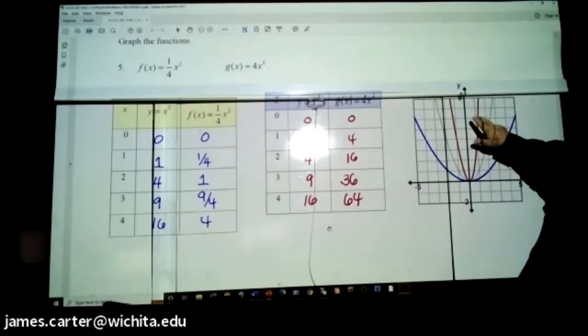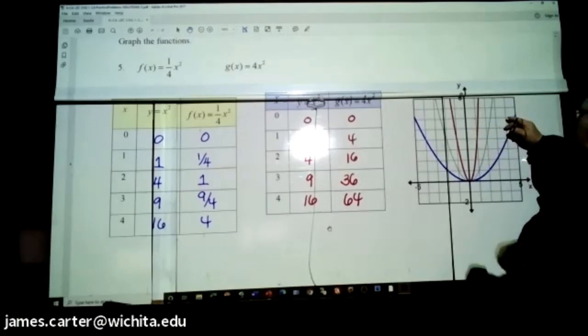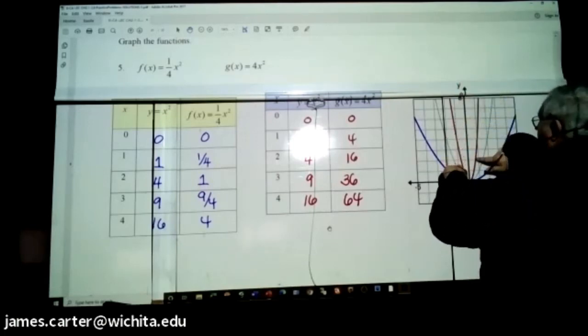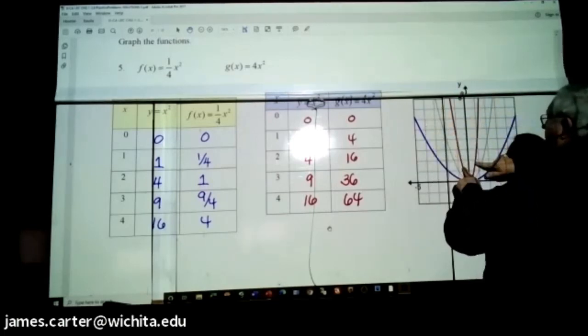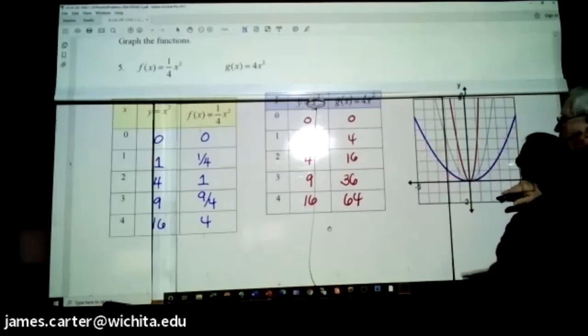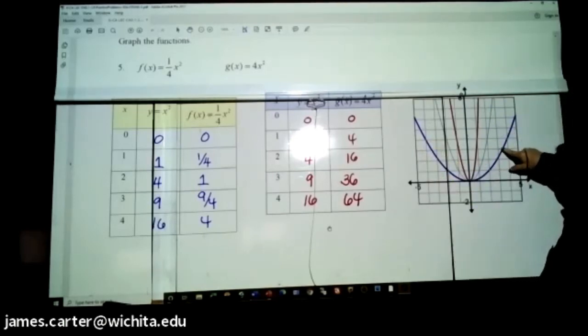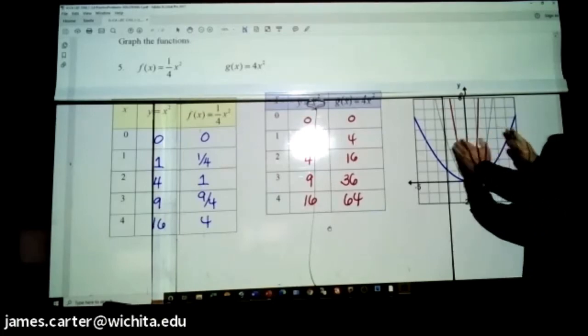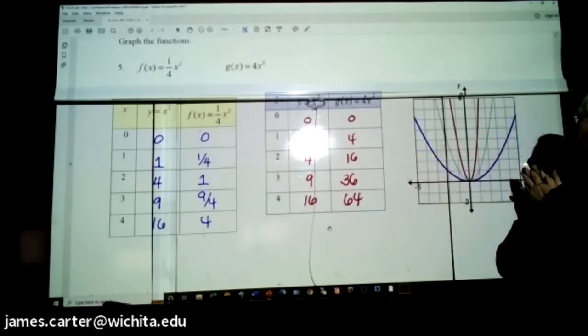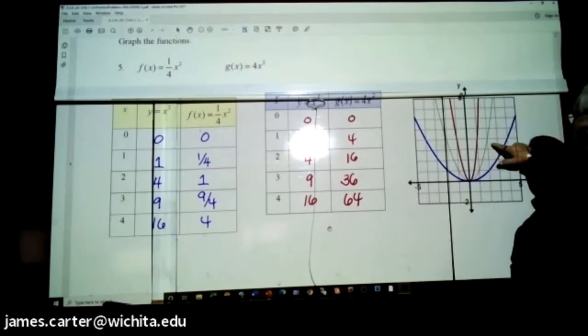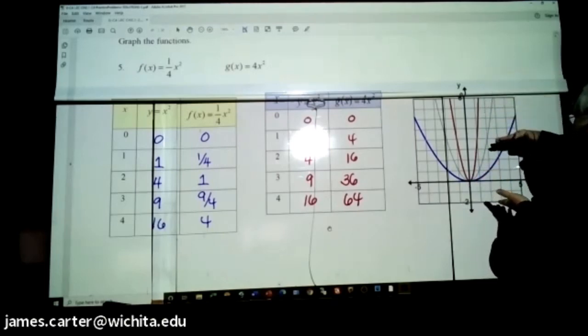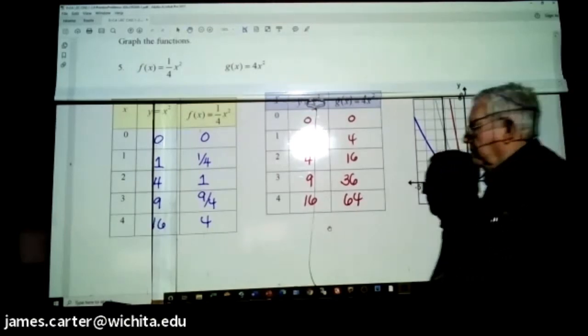If I ask you on this red graph what happened vertically, it stretched compared to the original. On the blue graph, horizontally compared to this one, it stretched horizontally. And vertically on this blue line compared to the black one, it shrunk vertically.